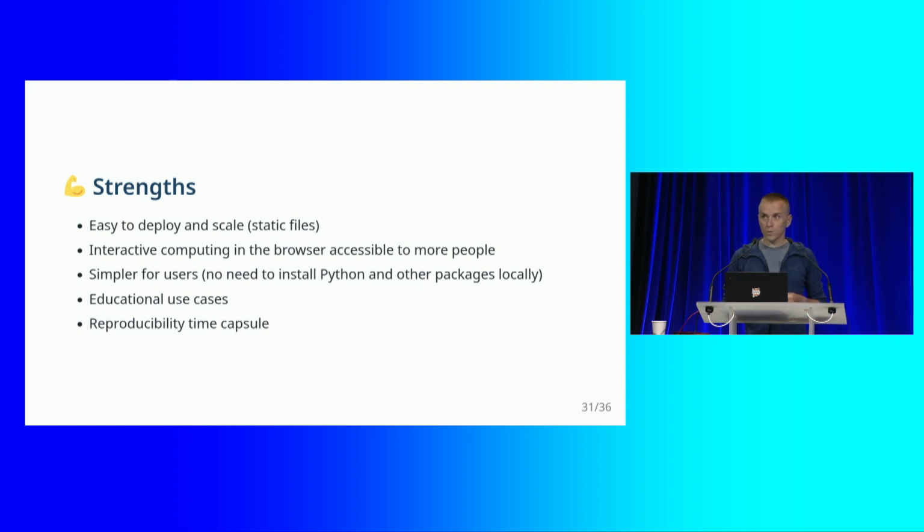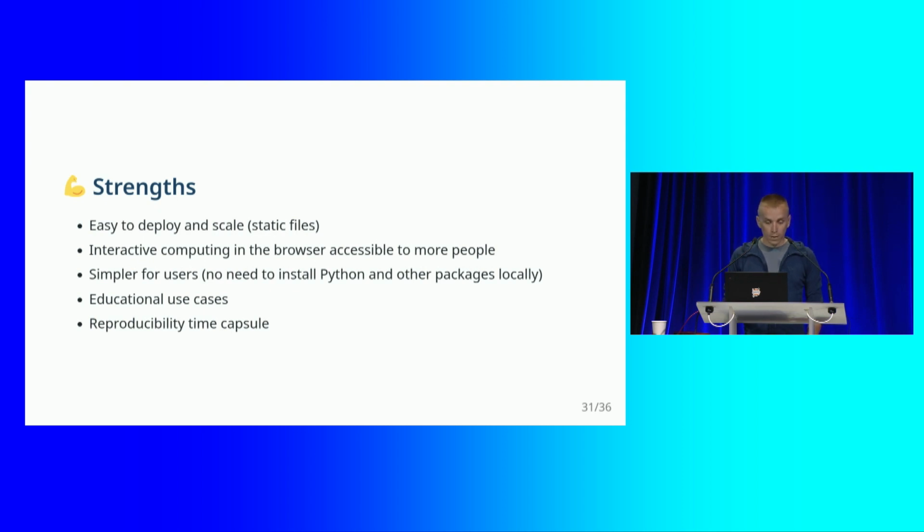Of course, the trade-off is that you need to send more data to your users, because everybody has to download Python pretty much and run it locally in their browser. But in many use cases, this trade-off is pretty good. For example, this makes it much easier to do interactive computing in a browser for a lot of people who don't have access to servers, or don't know how to install Python, or can't do it because they don't have the skills.